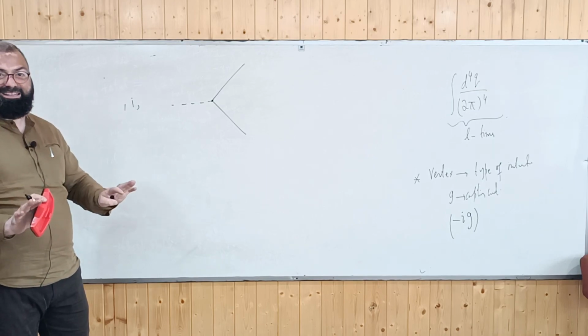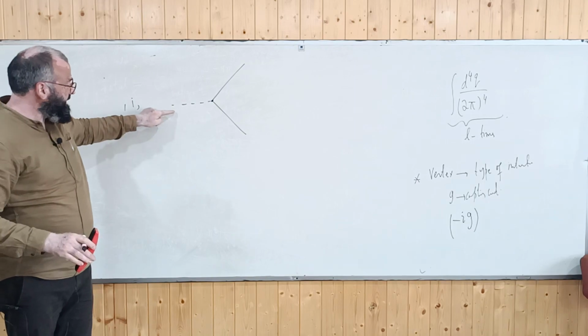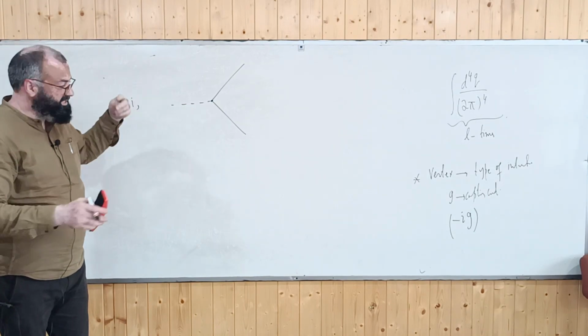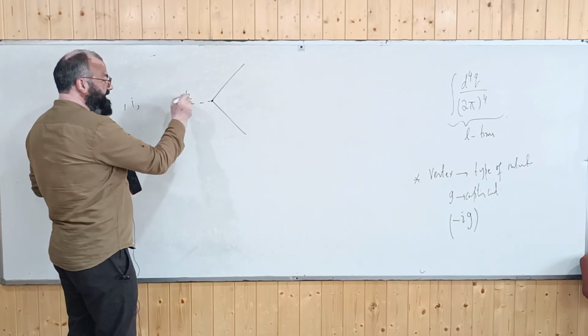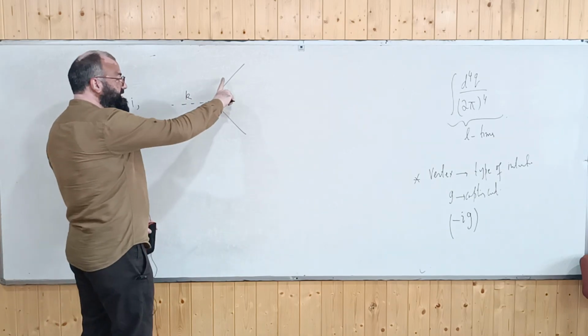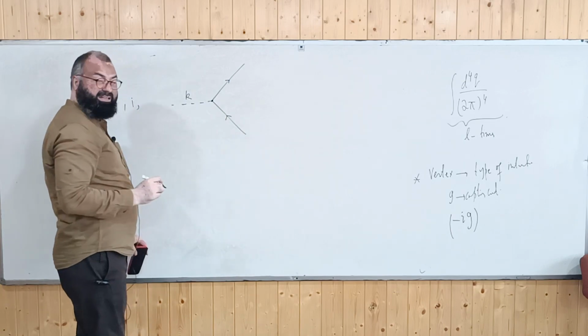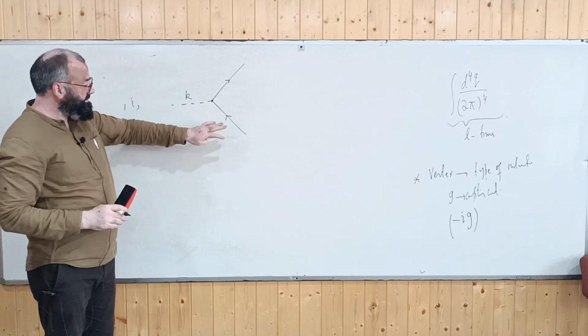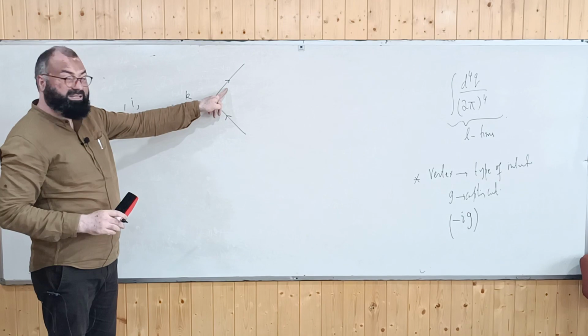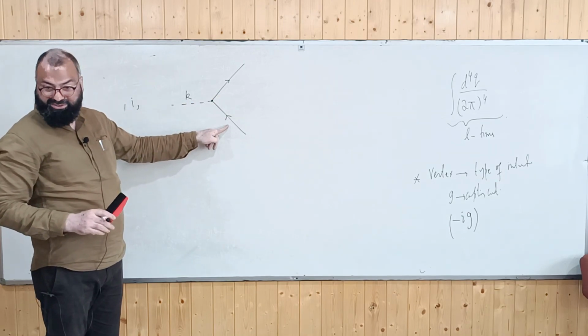Let's say this is an incoming particle, and let's call the momentum of this particle k. Now these are the two external lines. If I specify these arrows, it means this is an outgoing electron and this is an outgoing positron.